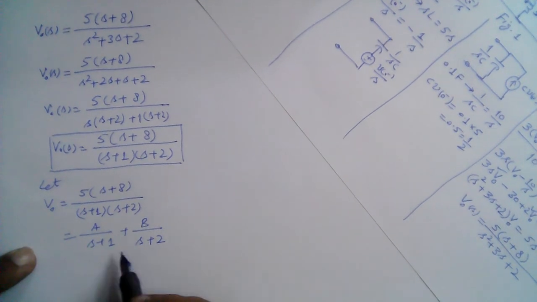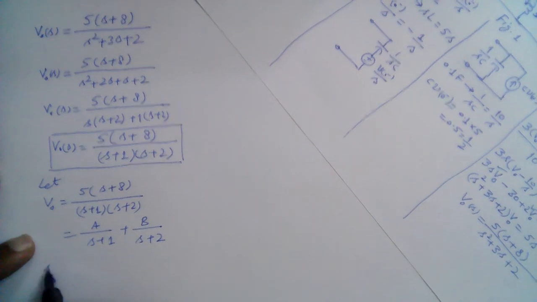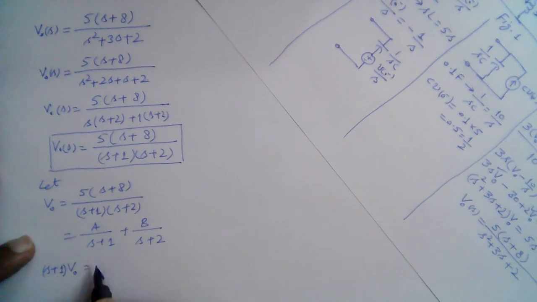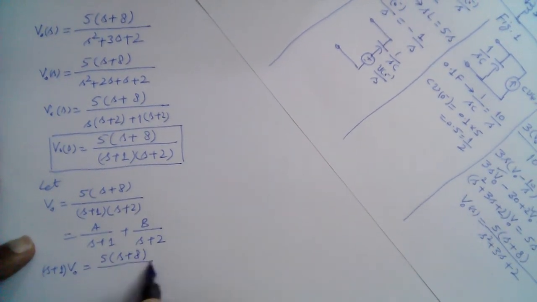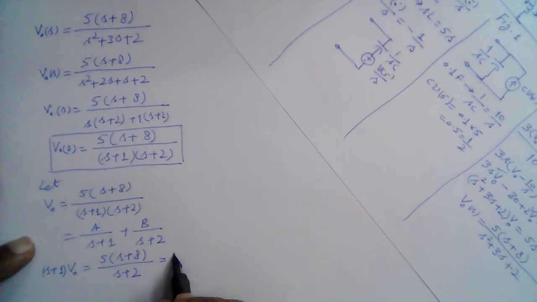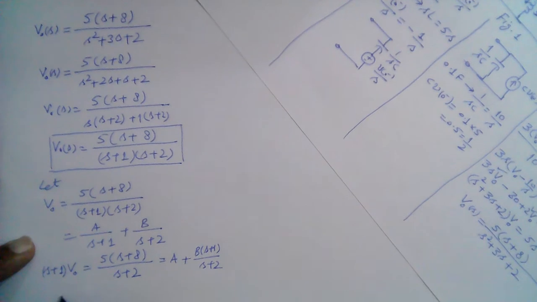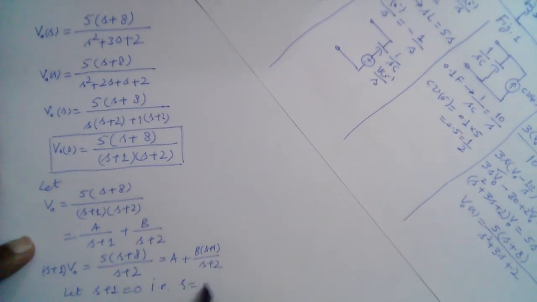So multiply throughout with s plus 1. So this will be s plus 1 multiplied by v naught, is equal to 5 into s plus 8 divided by s plus 2, and that will be equal to a plus b into s plus 1 over s plus 2. Now let s plus 1 is equal to 0, that is s is equal to minus 1.